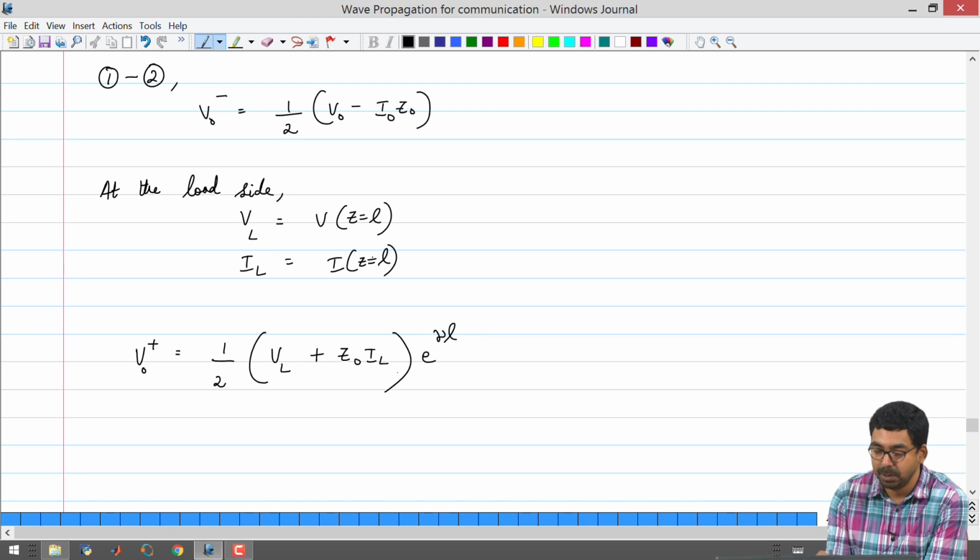The only change to your expression is that you will account for the propagation loss and the phase constant of your transmission line, in the form of e to the power gamma L.